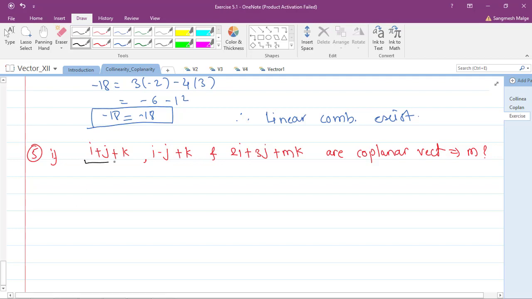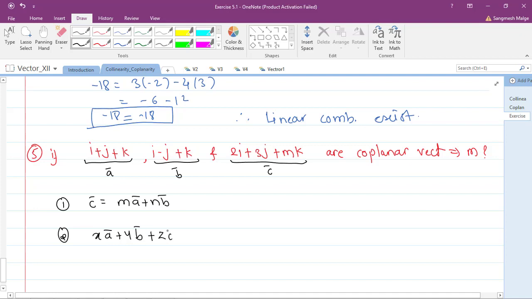Suppose you name these vectors a bar, b bar, and c bar. The first option is c bar equals m a bar plus n b bar. The second option is to find x a bar, y b bar and z c bar and show that the sum equals the 0 bar. You can use either of these two approaches.